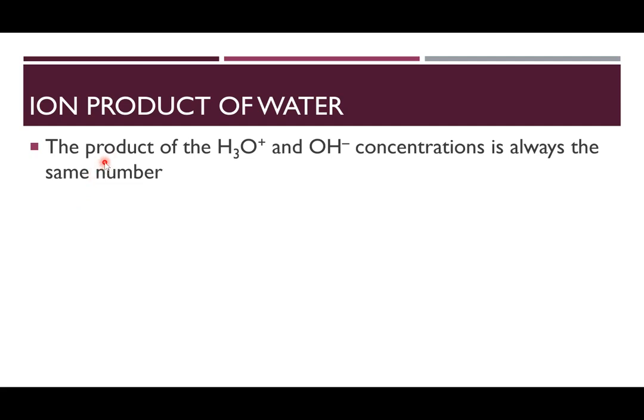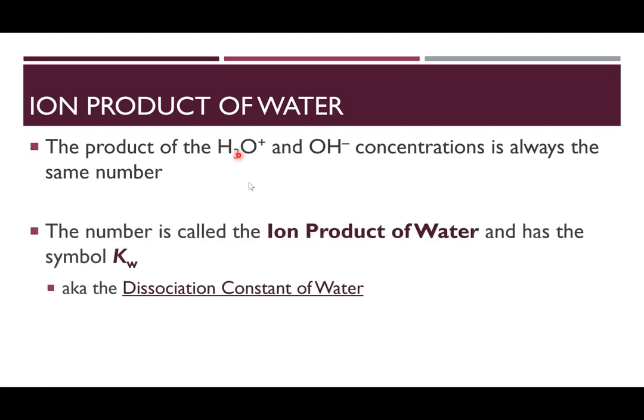For water only, so for a beaker that has just water in it, the product, and remember product is just multiplying two things together, the product of hydroxide times hydronium will always be the same number. It'll always be that 1.0 times 10 to the negative 14th. That number is called the ion product of water, and we give it this Kw value because it's so important.